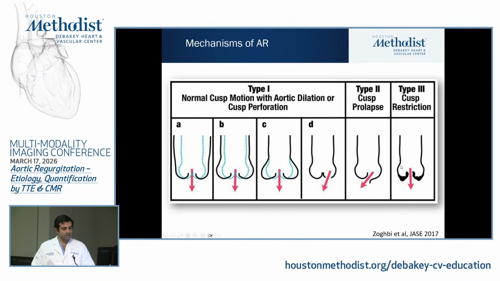The reality is, as opposed to mild TR or mild PR, which all normal healthy individuals can have, it's unusual to have aortic regurg without an actual abnormality. Even mild AR is unusual. So whenever you see AR, even if it's mild, you should take a closer look at the leaflets and the aorta. And for many of these patients, you should still follow them, especially if they're older, because these can actually progress to moderate and severe disease.